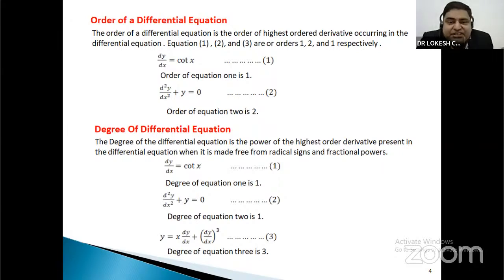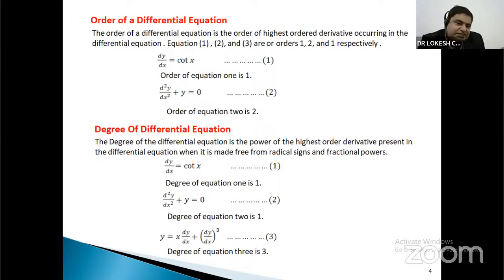So here in example number 1, we have equation number 1, dy/dx equal to cot x. It is an example of an ordinary differential equation, and the highest order derivative occurring in equation 1 is dy/dx, whose order is 1.